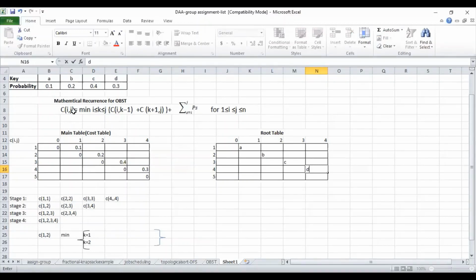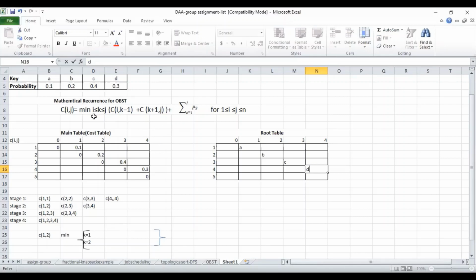So just to give a brief idea of what this recurrence actually means, for Cij, as we have already discussed, we have to find the minimum of 2 entries here. There will be 2 entries defined by these curly braces. One entry would be K acting as 1 and the second entry would be K acting as 2, where K determines the root node possibilities. So we have to find the minimum among 1 or 2.